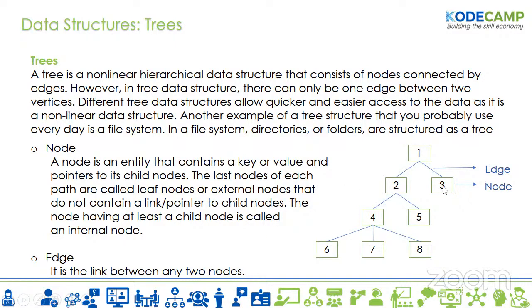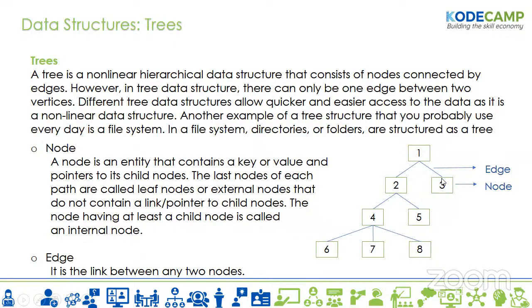Node 1 here is a parent node to node 2 and node 3, while node 3 is a child node of node 1. Node 2 is also a child of node 1, but it is also a parent node to node 4 and node 5.